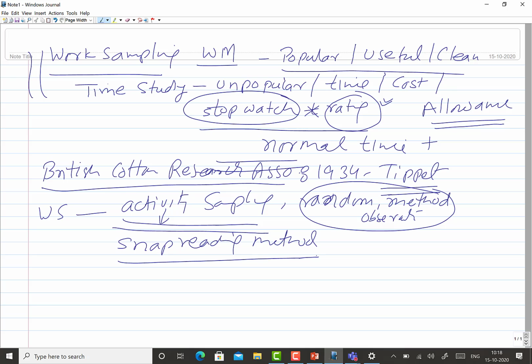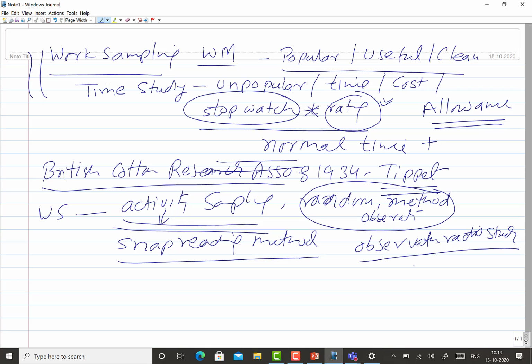Okay, then there is one more term. Whatever observations are taken, the ratio of that is obtained with respect to the total number of observations. So this is also called the observation ratio study.